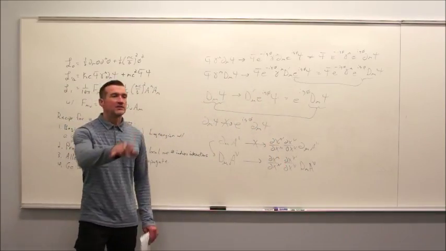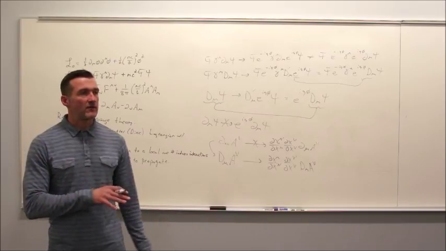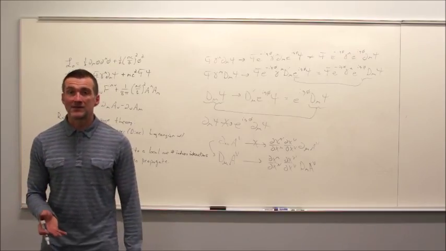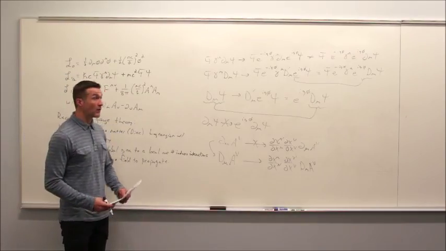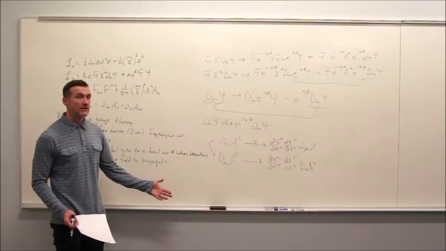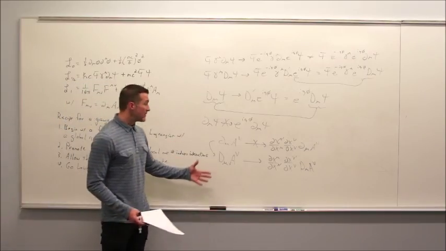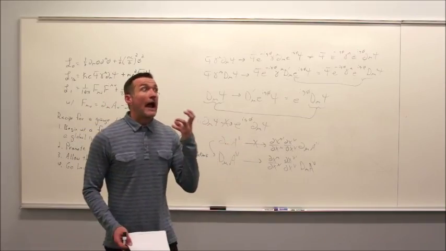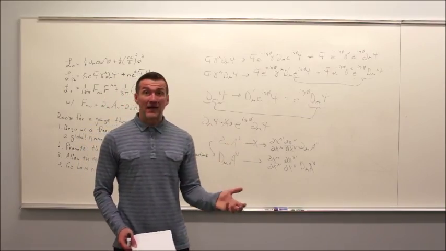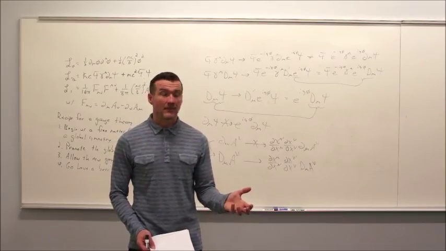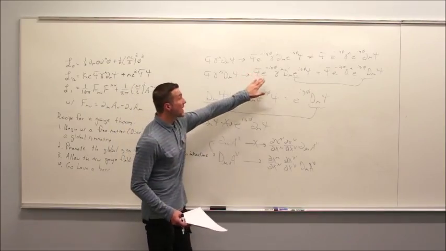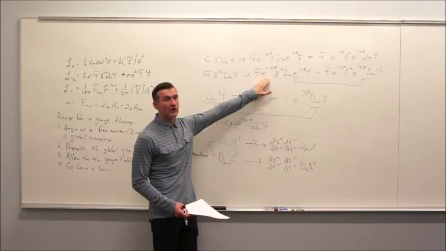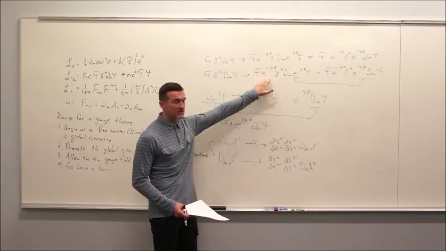So for those who haven't taken general relativity, it's okay. This should not be familiar. But what I will tell you is if you take general relativity, we're going to repeat everything we just did. It's going to look a little bit different because in general relativity, the transformations you're working with are actually space-time transformations. These transformations are not space-time transformations. They're internal field transformations.